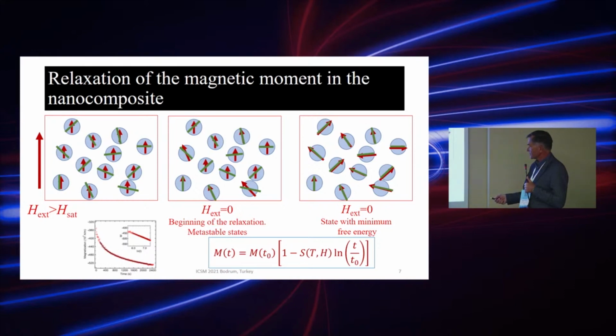And in this viscosity, there are anisotropy, barriers, interactions, and so many parameters. So it's a macroscopically introduced parameter, which from one point of view could not give us a precise microscopic view.